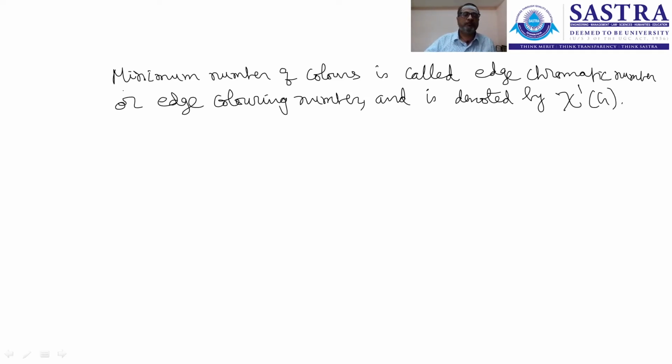So here we will be discussing the methods to find the minimum number of colors that we will be using in the graphs. We will begin with certain examples. First I will give you certain examples of finding the minimum number of colors to be used, or the edge chromatic number.